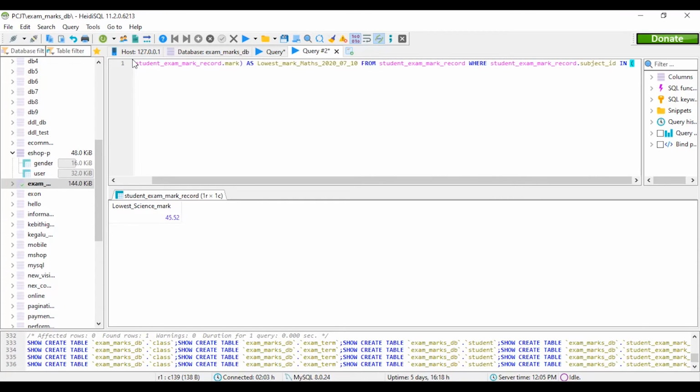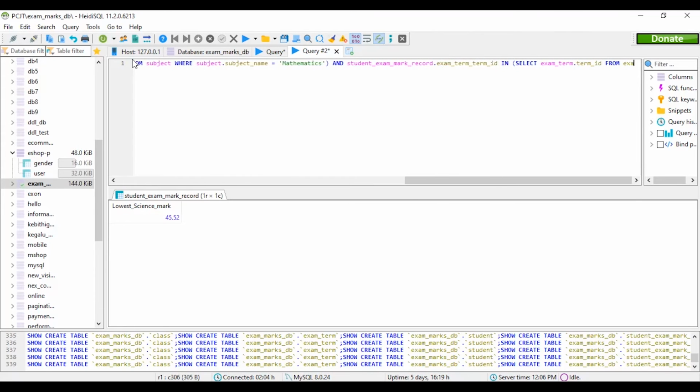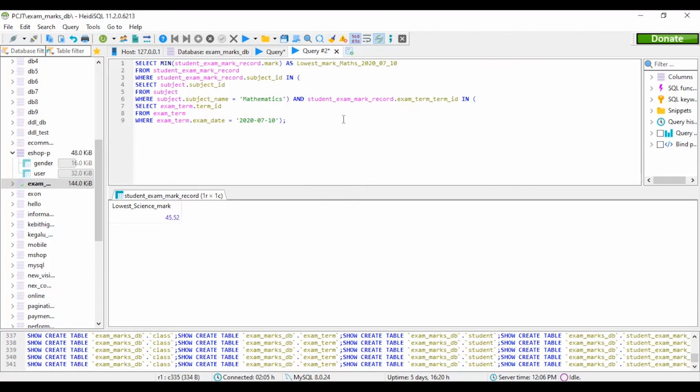So we'll be using subqueries in here as well. And we are searching for the term ID, which contains the exam date as 2020 July 10th. So let's execute this query now, and we have got the answer like this.